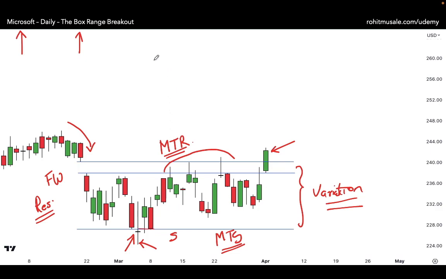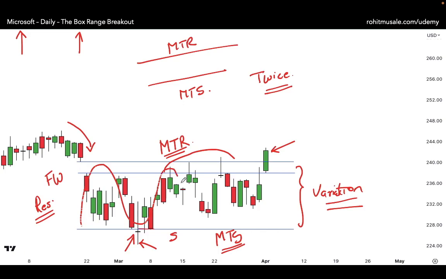For an exact box range, you need a multi-tested resistance and multi-tested support, which is very important. Multi-tested means tested at least twice.